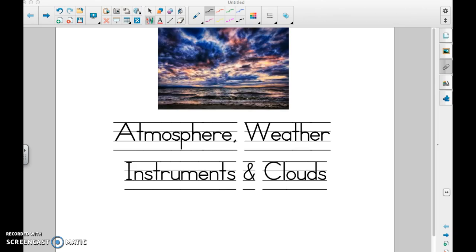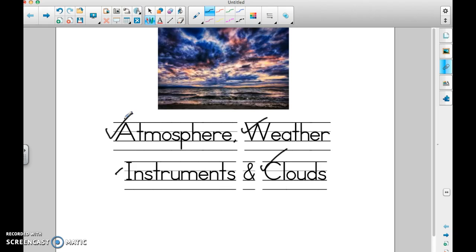On the front of your test, it will probably say atmosphere, weather instruments, and clouds. So you know that three massive portions of this test are going to be focused on atmosphere, weather instruments, and clouds.